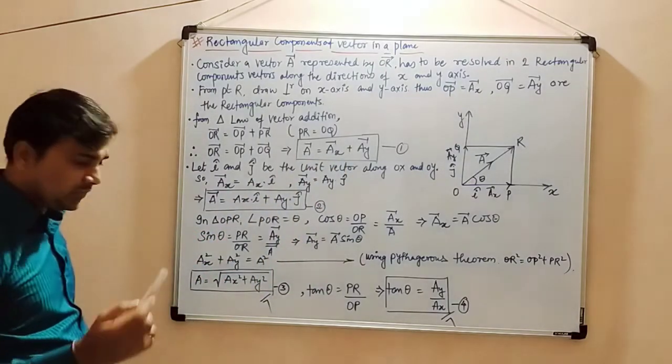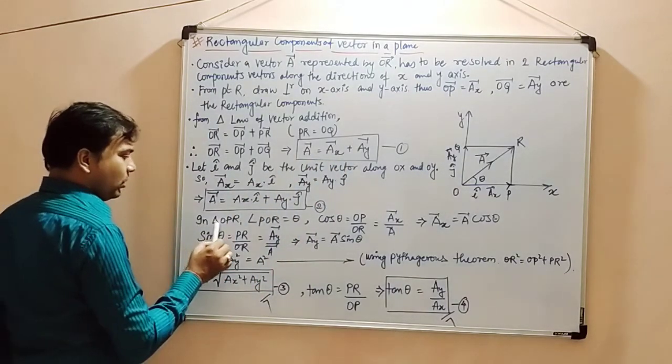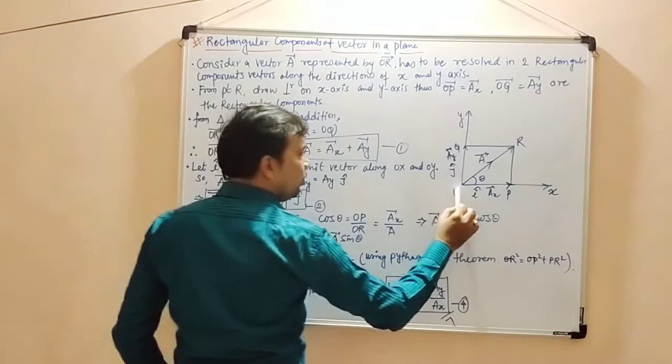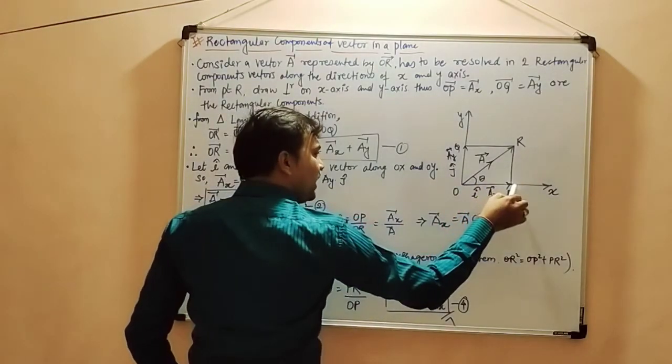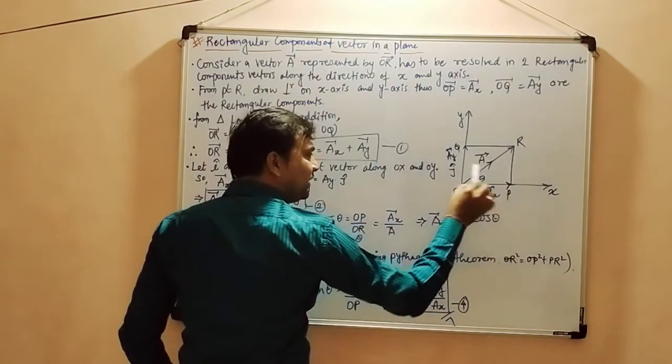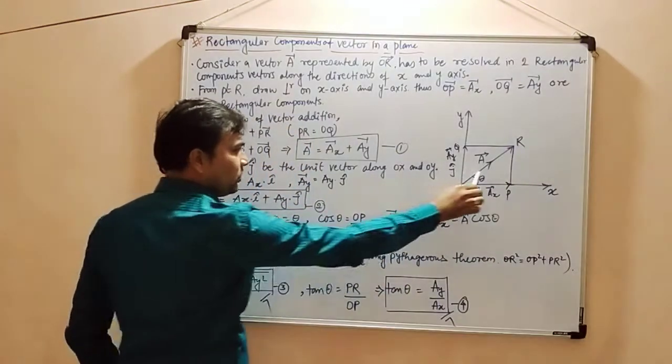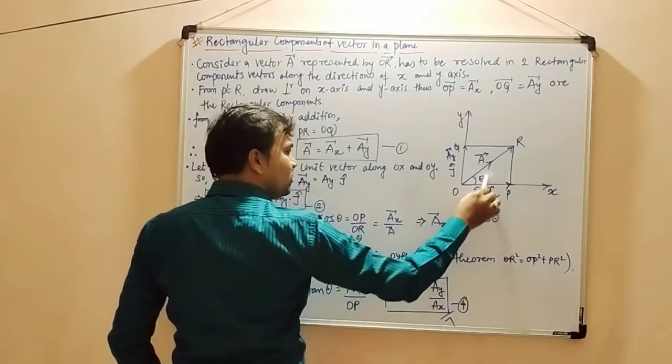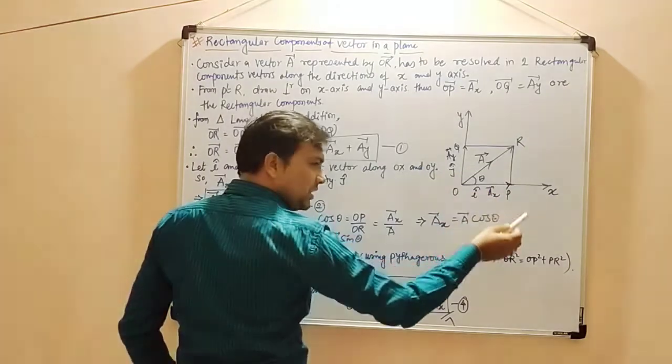Moving further, in triangle OPR, the angle PRO is theta. We have to use this theta to find cos theta and sin theta.